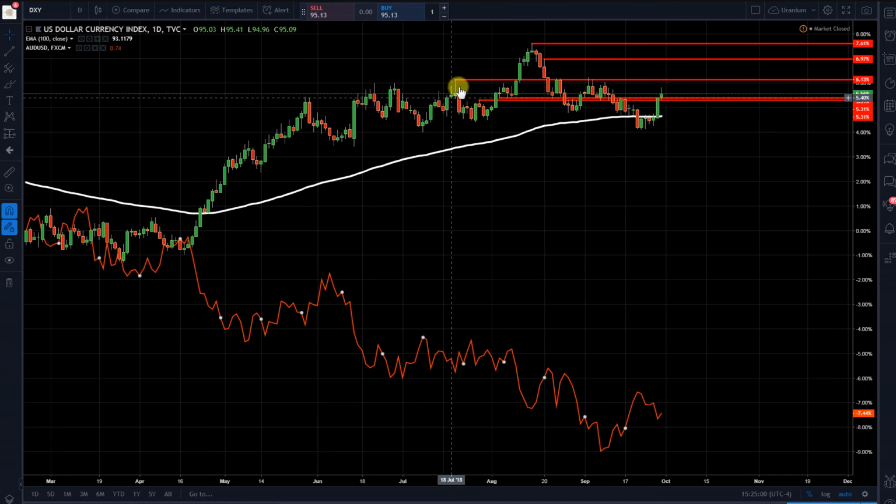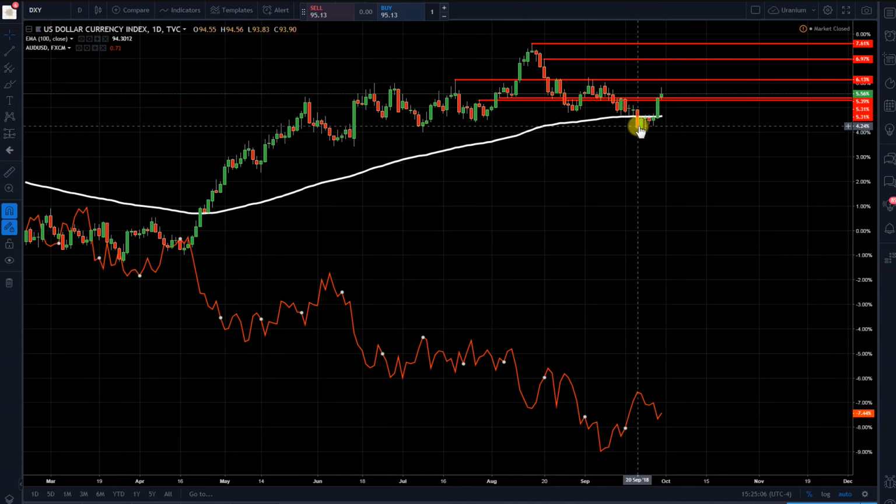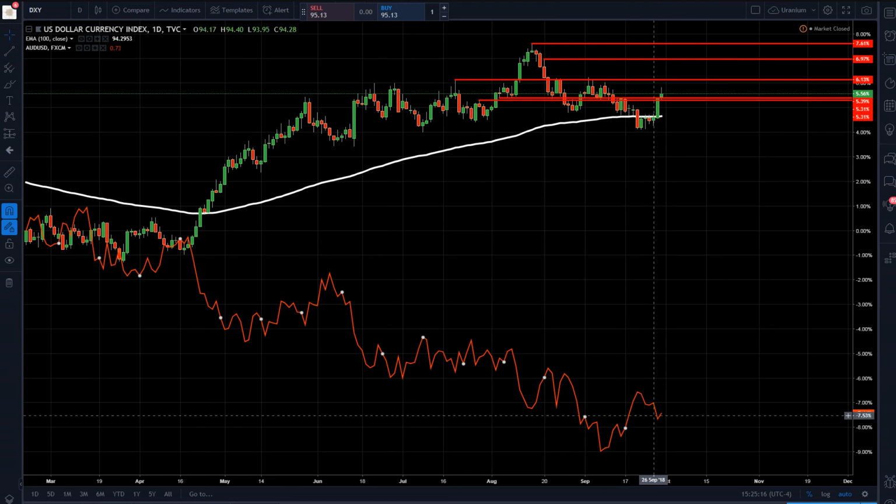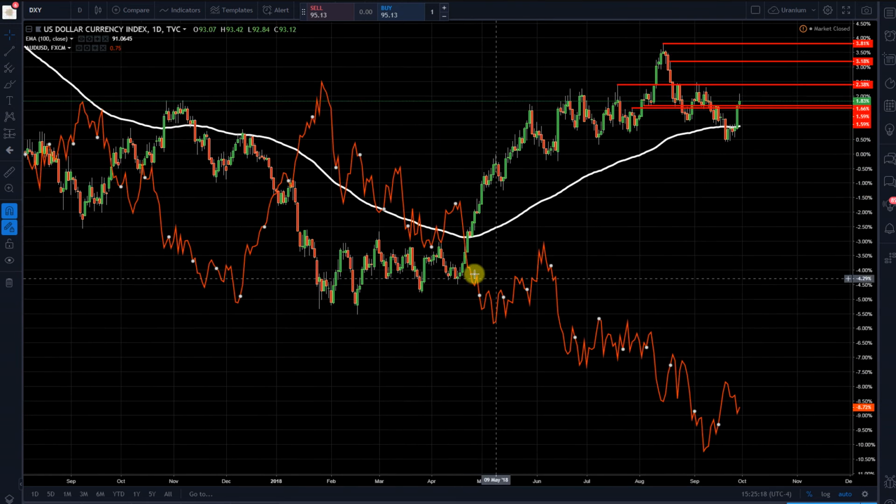And now it's just kind of sideways chop. But there's a lot of buyers here on the lower levels of 93 and change. We have to take this level out in order to see some Momo on the Aussie.